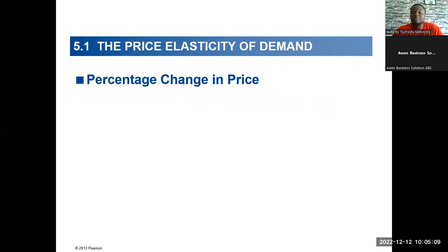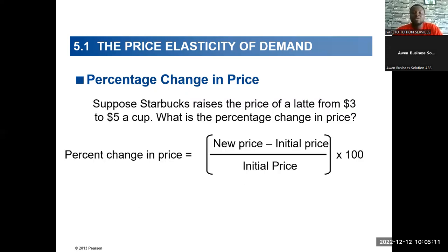For percentage change in price, we are looking at the new price minus the initial price, divided by the initial price, times 100%. The percentage you get here will be the percentage change in price.